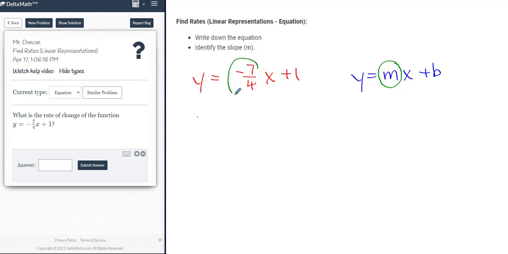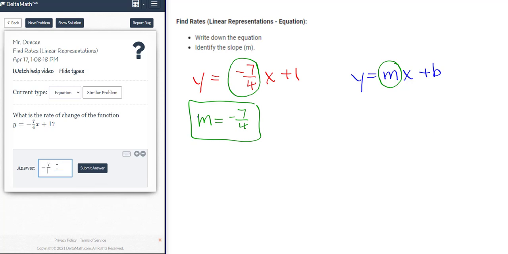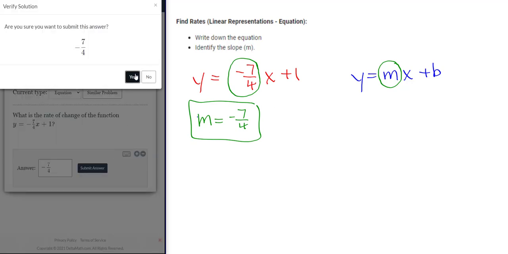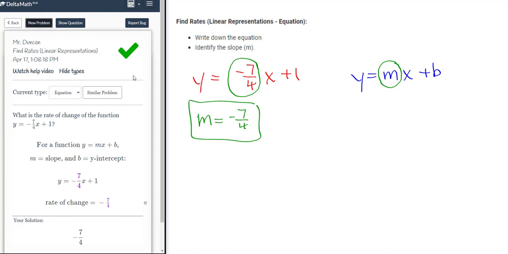So in this case, my m, or my slope, is simply -7/4. So I'm going to write m equals -7/4. Write down the equation, circle the slope, and then write m equals -7/4, and that's all you have to do for this. Pretty easy. -7/4. We got it. I think that's pretty easy for you.